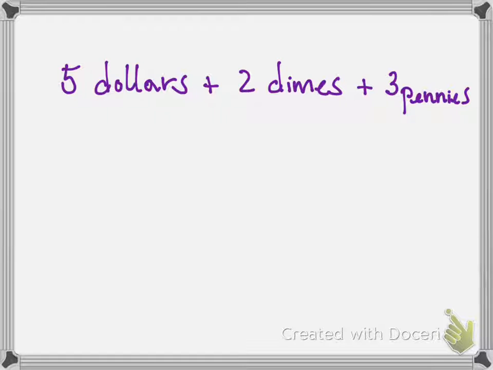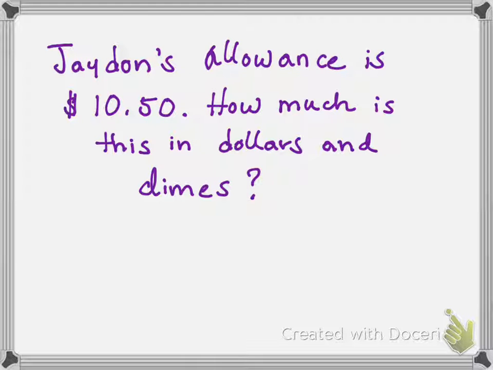Please give the amount with the dollar sign and a decimal point. All right, our last one. Jaden's allowance is $10.50. Pretty steep, huh? How much is this in dollars and dimes?